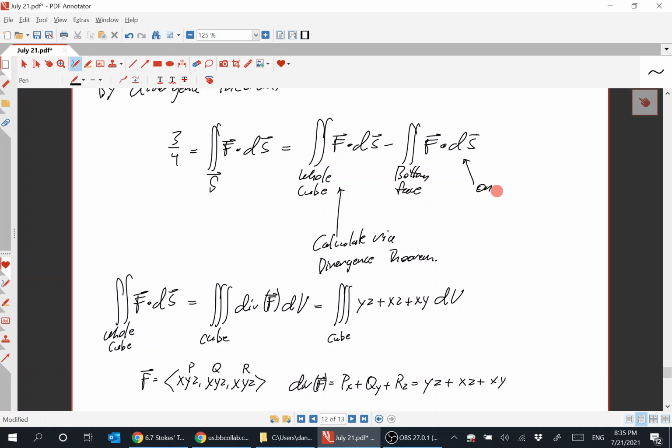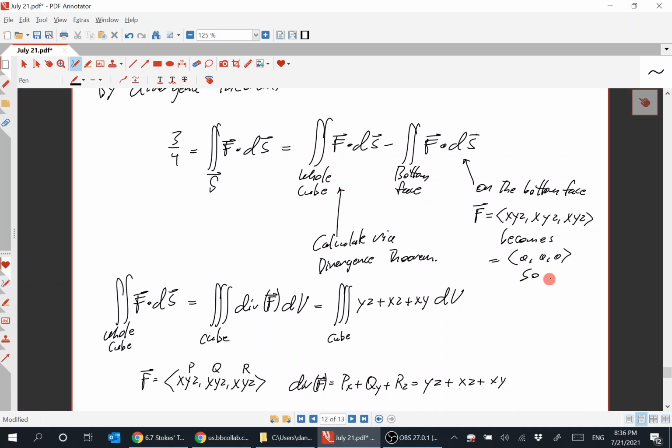So on the bottom face, f of x, y, z becomes, because z is equal to 0, 0, 0, 0.